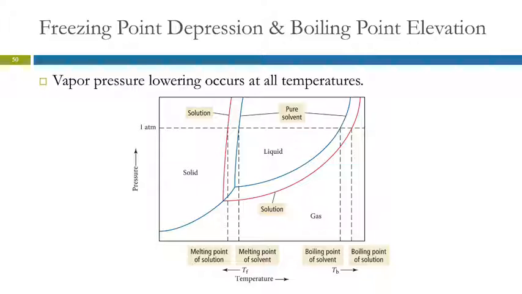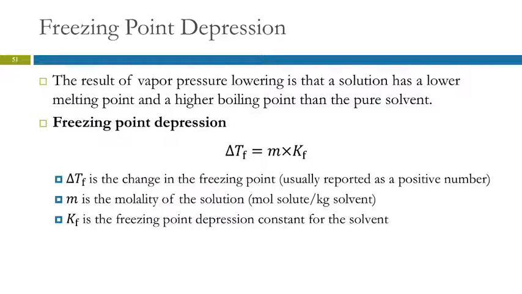So the boiling point goes up, and the melting point or freezing point goes down. It has to do with the vapor pressure lowering. So because of vapor pressure lowering, the solution has a lower melting point and a higher boiling point than the pure solvent. So we have some very similar equations for these ideas here.